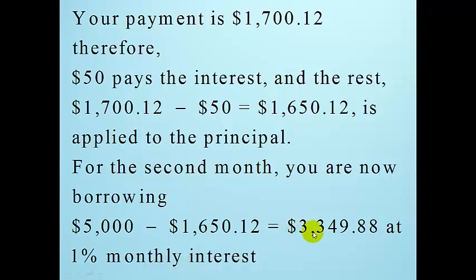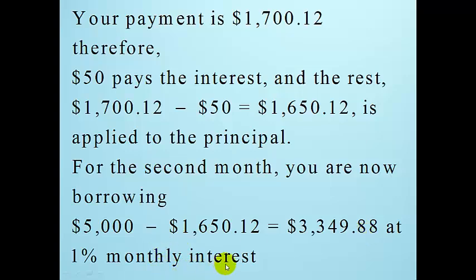So this will now be our current principal, because the first payment, that's the 1,007.12 that we paid, has paid part of the principal and part of the interest. So the new principal will now be 4,042.88 at 1% monthly interest.